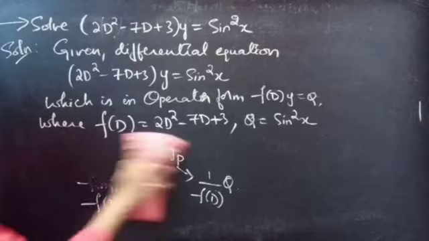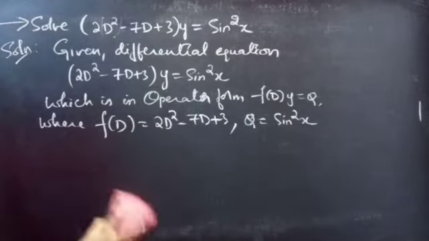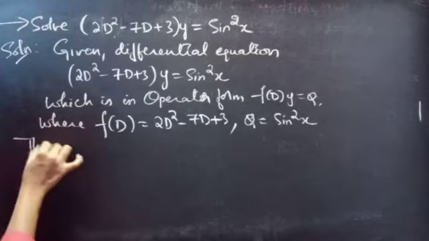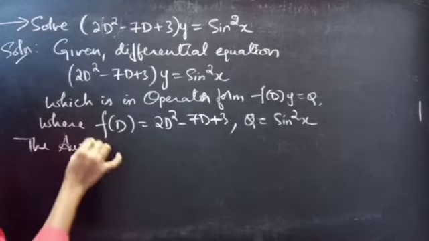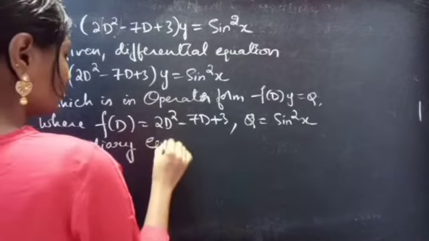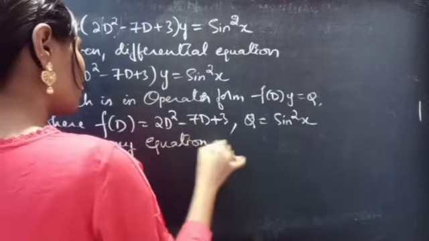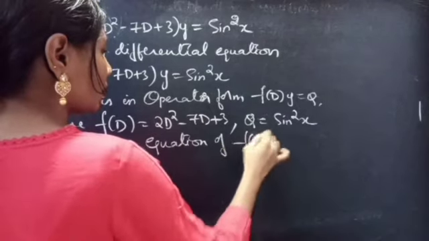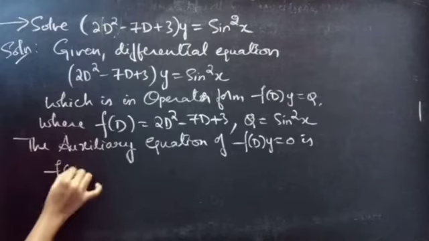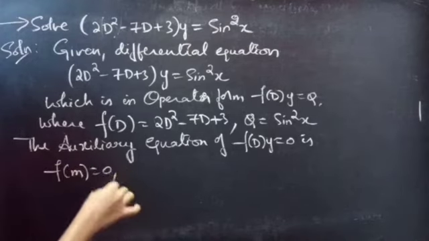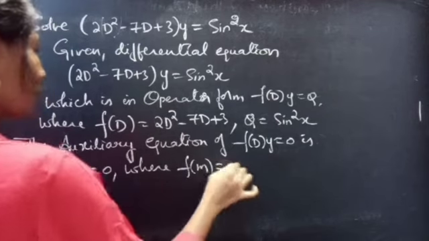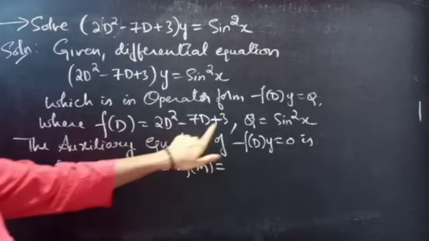So firstly, let's find the complementary function using the auxiliary equation. The auxiliary equation of F(D) y = 0 is F(m) = 0, where we have F(D) = 2D² − 7D + 3.